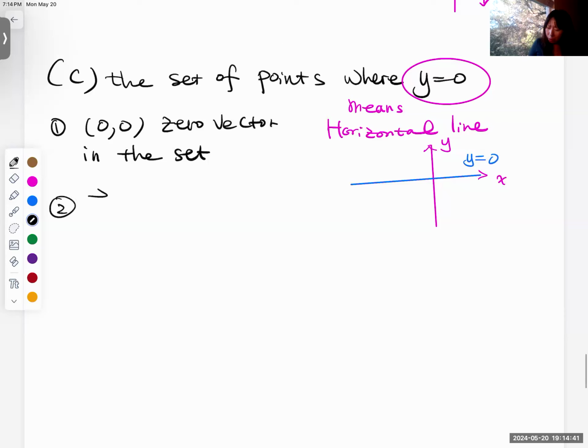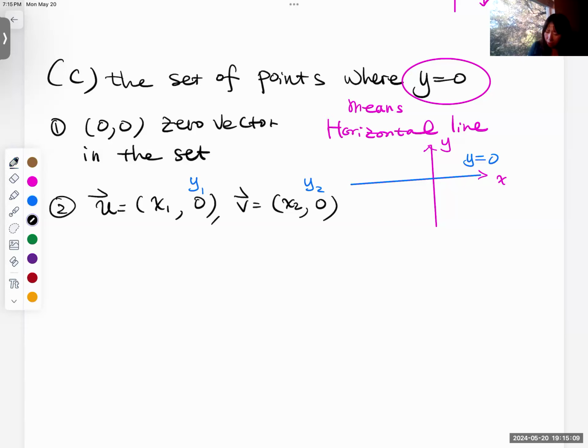Number 2, u equal to, this is the form of x sub 1, 0, because y sub 1 equal to 0, right? And vector v equal to x sub 2, 0, because this is a y sub 2 equal to 0. Make sense? Okay, good.